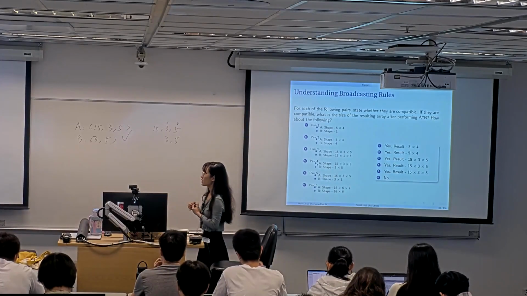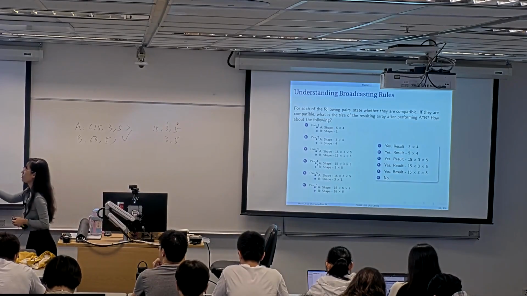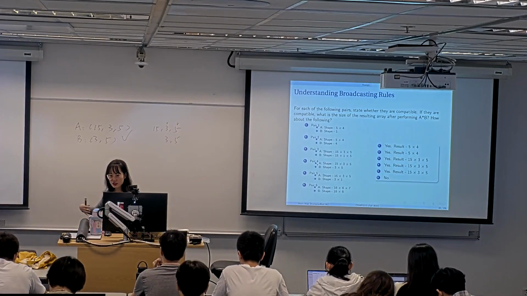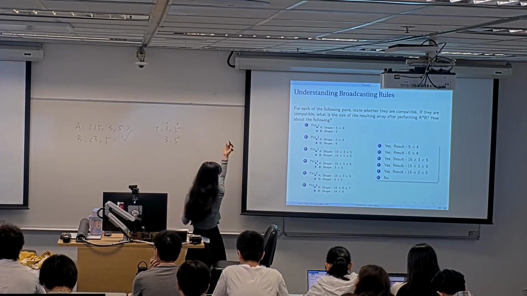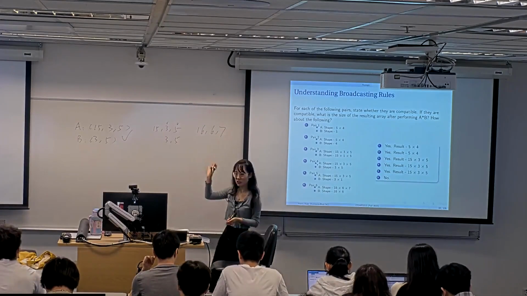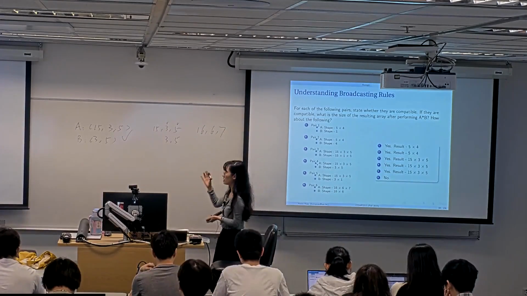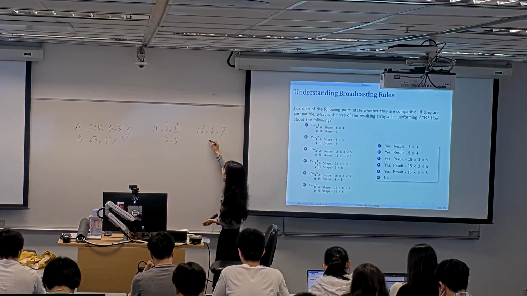It's very good. According to this rule, we can easily find pair 6 is not compatible. Now A has the shape 16, 6, 7. B has the shape 16, 6. But note that we need to compare from the rightmost, to right align.